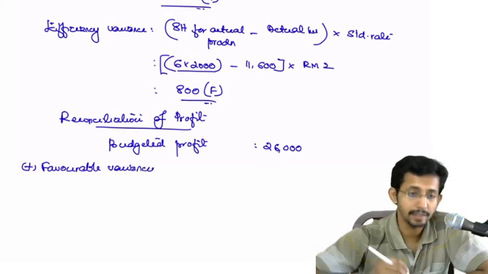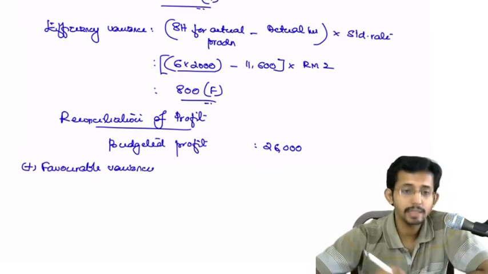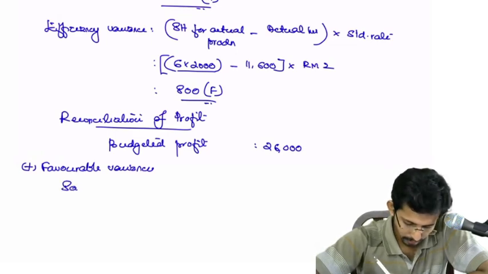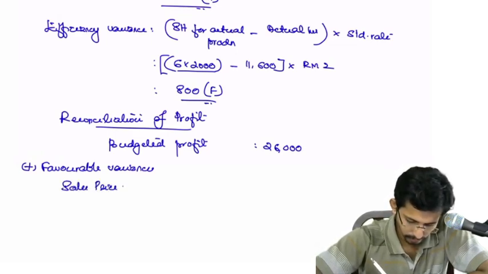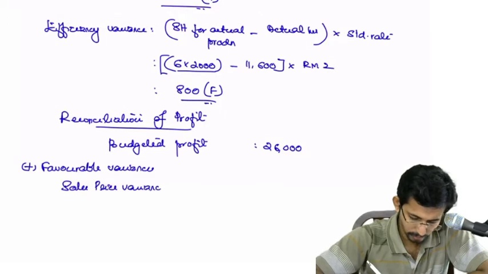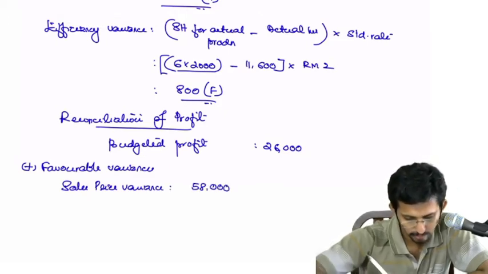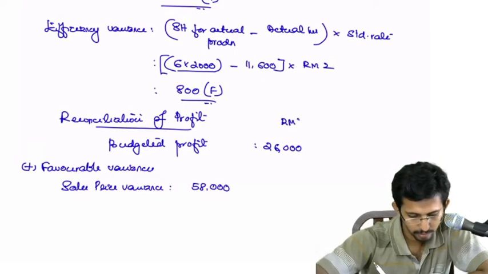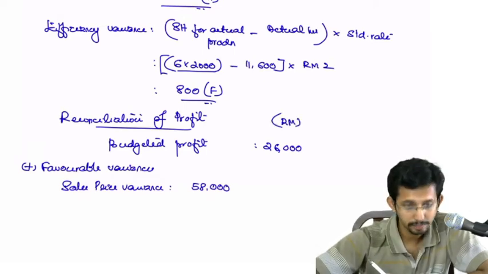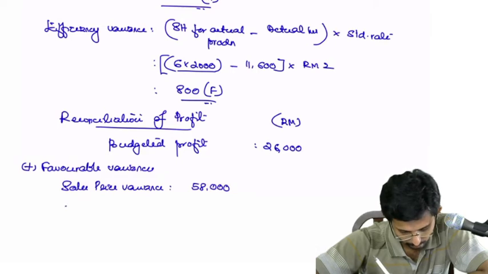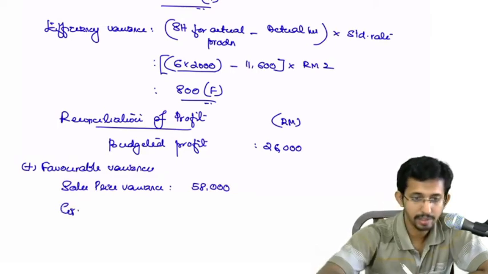Favorable variances added. Which are the favorable variances? Sales price variance $58,000. Then what else? Efficiency variance.